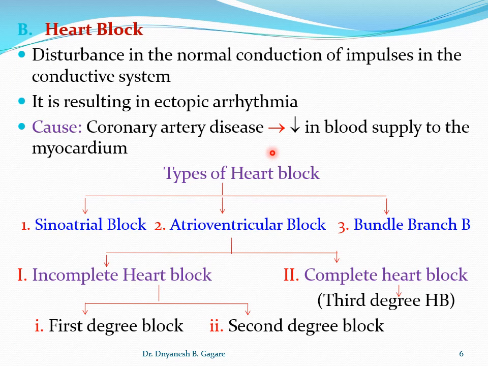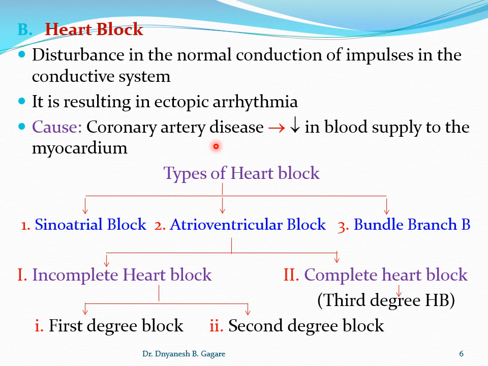Now coming to the heart blocks. What is heart block? If there is disturbance in the normal conduction of impulse in the conductive system, it is called heart block. It may be due to coronary artery disease, when the blood supply to the myocardium decreases, which is called ischemia of the myocardium.